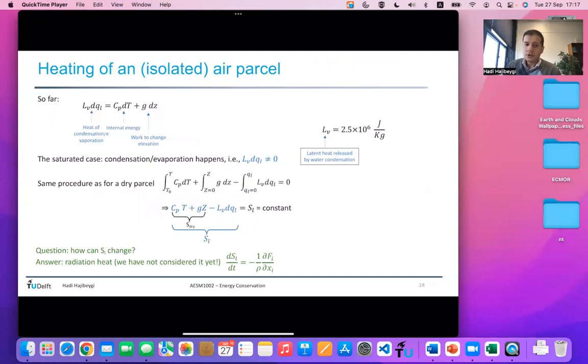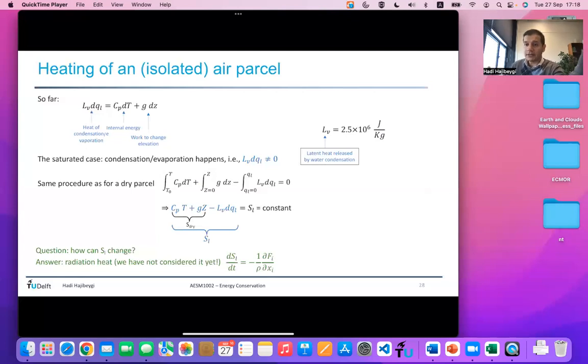Now, how can SL change? If we have condensation, evaporation, change of elevation and change of internal energy, all of these terms are considered already in these three terms. What else can cause change of energy of your parcel of air? One example would be radiation. We neglected radiation totally so far in our conversation.